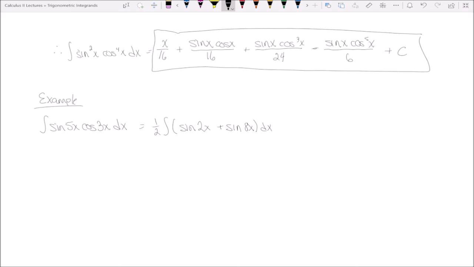And now this is a fairly straightforward antiderivative. We get 1/2 times negative 1/2 cosine of 2x minus 1/8 cosine of 8x plus a constant. And expanding that out, we're going to get negative cosine of 2x over 4 minus cosine of 8x over 16 plus a constant.